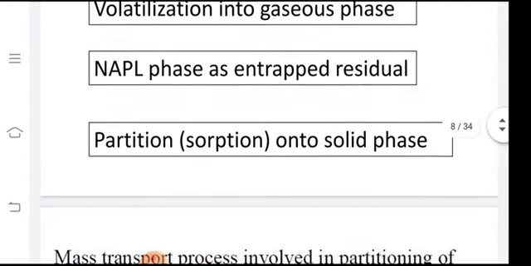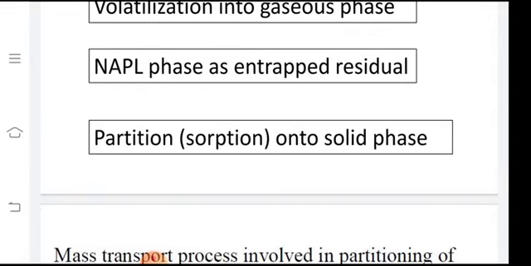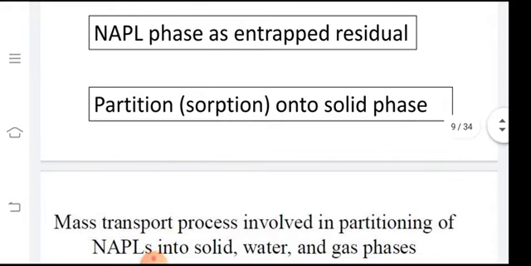So this is about sorption and partitioning. Partitioning is between two phases, the liquid phase and the solid phase. It will define which way the NAPL is going to go, whether it is going to be in the aqueous phase in the pores, or it is going to get attached to the solid particles.